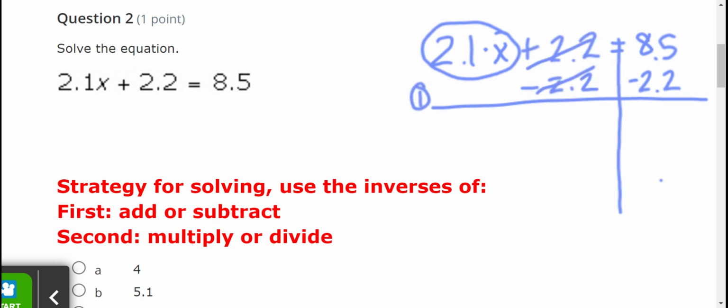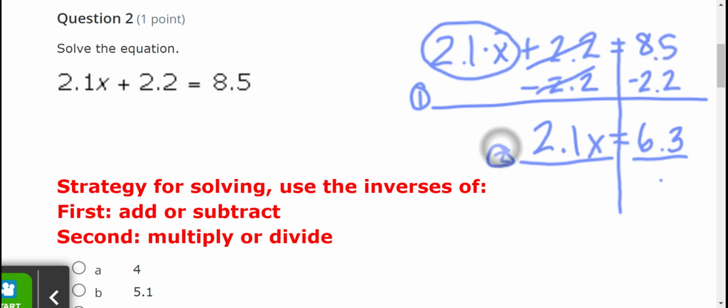That's going to cancel the adding of 2.2, and then we're left with 2.1x, and that is equal to 5 minus 2 is 3, and 8 minus 2 is 6. We're going to go to step 2. 2.1 times x.